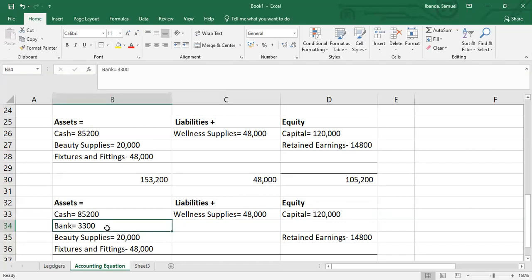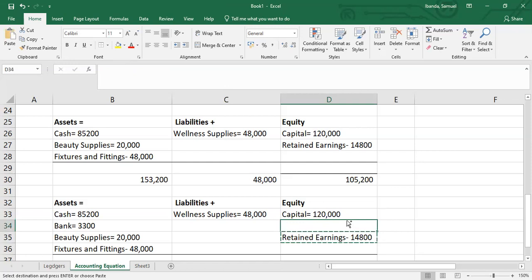Does it bring a new asset? No. Revenue is not an asset. Beauty supply is affected? No. Fixtures and fittings affected? No. Wellness supply is affected? No. Capital affected? No. Retained earnings affected? Yes.